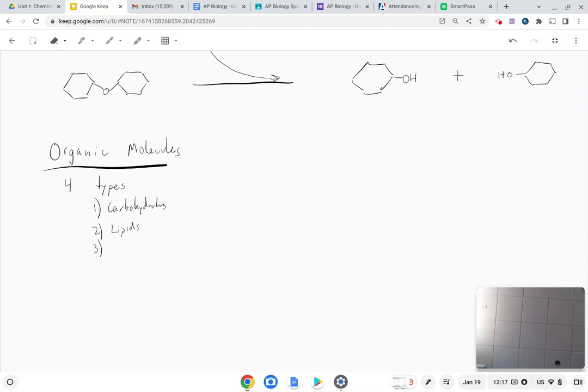The third, I think, will be nucleic acids. And the fourth one is probably the most complex, and that'll be proteins. We save that for last because it's the hardest to understand.